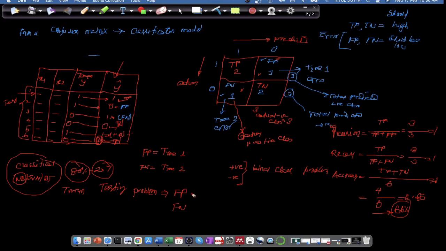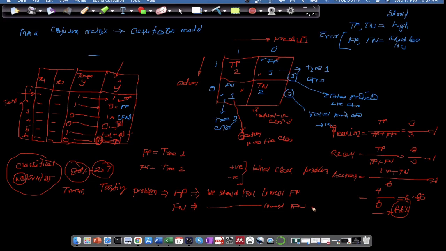That means based on the problem we decide whether we should have the lowest or as low as possible false positive values, or for another problem we should have the lowest or as low as possible false negative values.